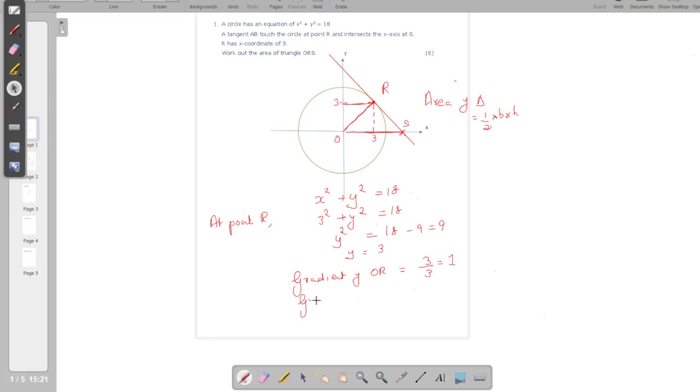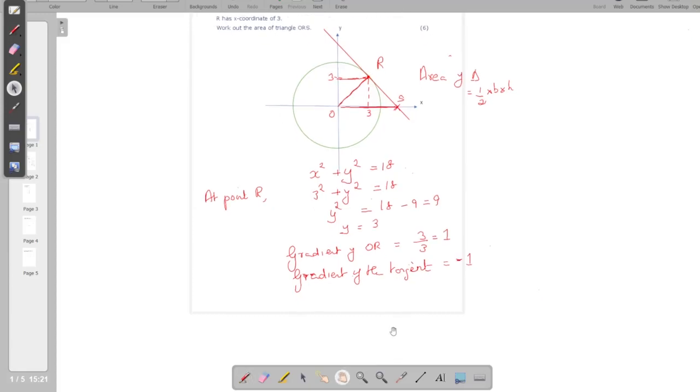Therefore, the gradient of the tangent, RS, is minus 1.